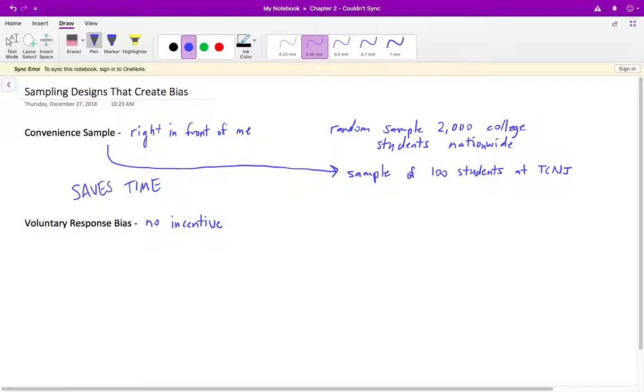So if I don't have an incentive to complete a survey, most of the time I'm not going to do it, unless I have a very negative experience or if I have a very positive experience. If this is my spectrum of, we'll say, customer satisfaction, I'm a customer of Netflix and all I want to do is watch the movie Bird Box.